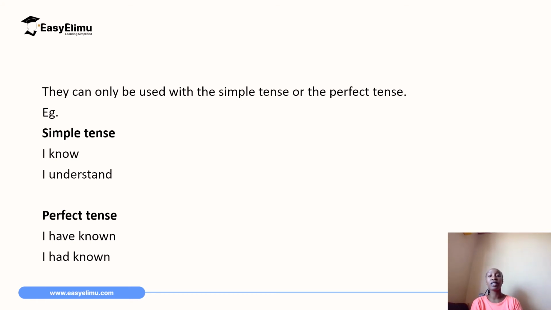And then in the perfect tense, you can say, I have known, I had known that you are lying to me. But you cannot use it in the continuous tense. So you cannot say, I was knowing that you are lying to me, or I am knowing that you are lying to me. You can't. So only with the simple tense and with the perfect tense for both singular and plural. So you can say, I know, or I knew, I understand, or I understood, I have known, or I had known.